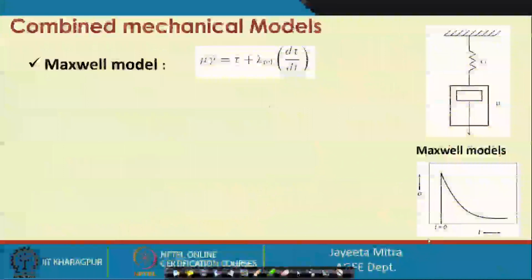So, again we have got this expression: mu into gamma dot equal to tau plus lambda REL d tau by dt.